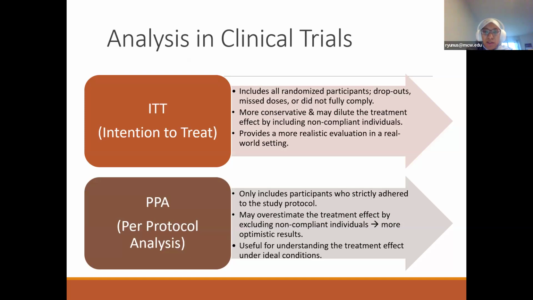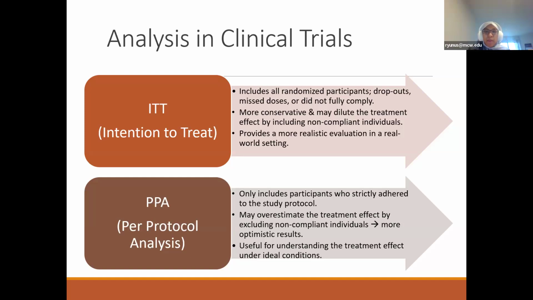Intention to treat analysis, okay, is usually the terminology that a researcher or an analyst uses when they include all the patients when they conduct data analysis. That means you include dropouts, people who missed your medication doses, people who don't comply.